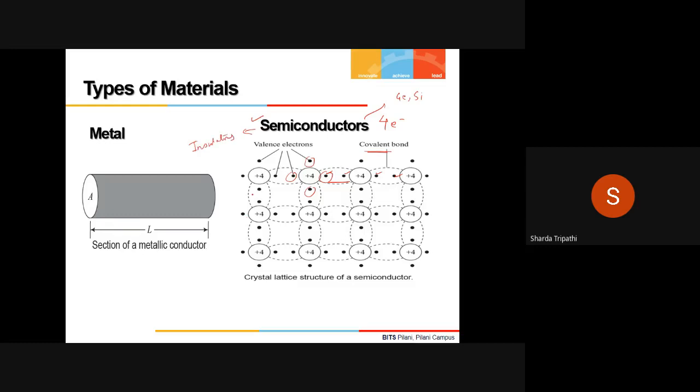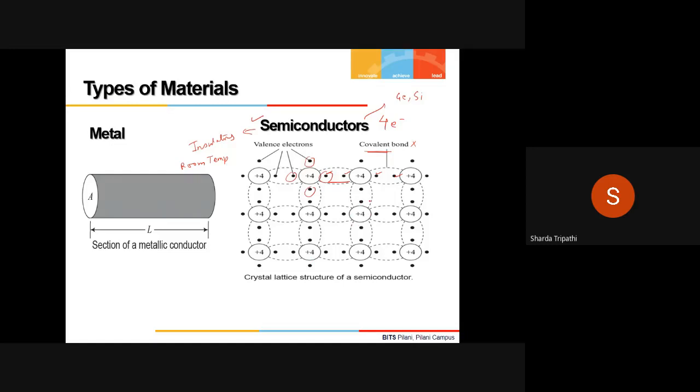But if you increase the temperature, for example, I'm talking about at room temperature. What happens at room temperature? Because of the presence of thermal energy, this covalent bond breaks. I mean, not all the covalent bonds will break, but at least some of the covalent bond will break.